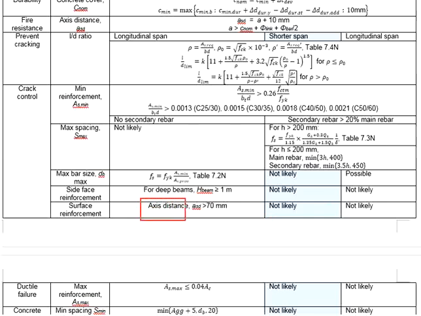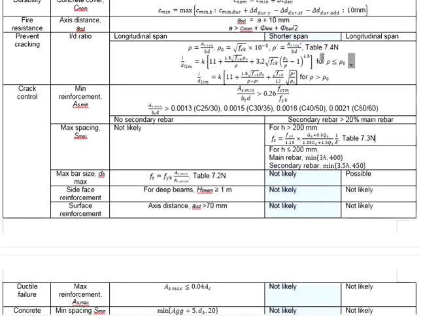Remember what is the purpose of the axis distance? It is meant for fire resistance. Depending on the fire rating that a structural element is designed for, the longer duration it lasts under fire hazard will require larger axis distance.